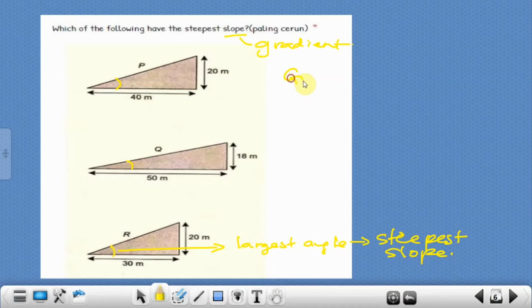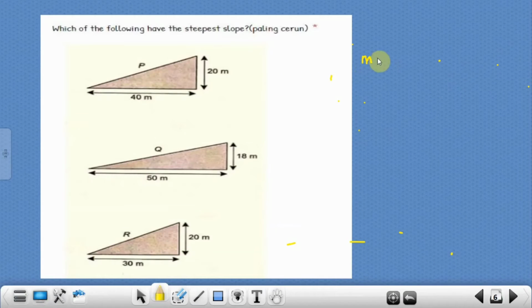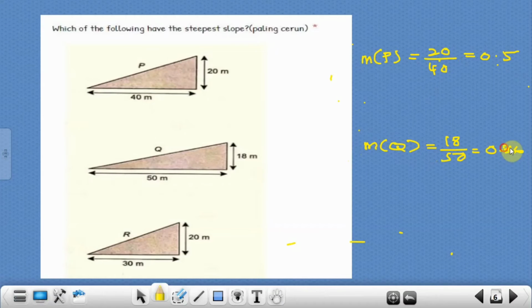You just use this formula. Gradient is equal to vertical distance divided by horizontal distance. The gradient for P is equal to 20 divided by 40. This will be 0.5. For the gradient of Q, it's 18 divided by 50, so 18 divided by 50 is 0.36.